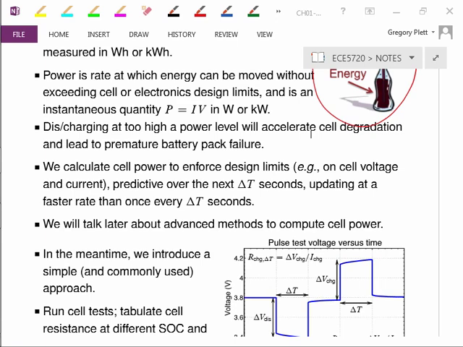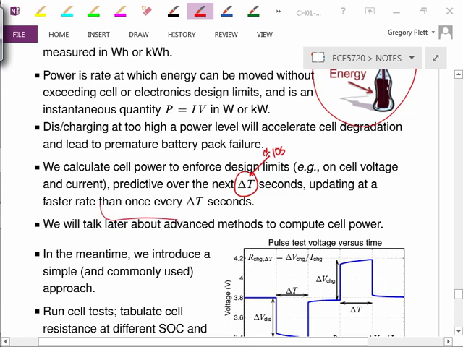And then you update your prediction that you deliver to the vehicle at a much faster rate than once every delta t seconds. We update at a rate that is often 10 to 100 hertz, which is common. I don't think it has to be done that quickly, but that's commonly done.